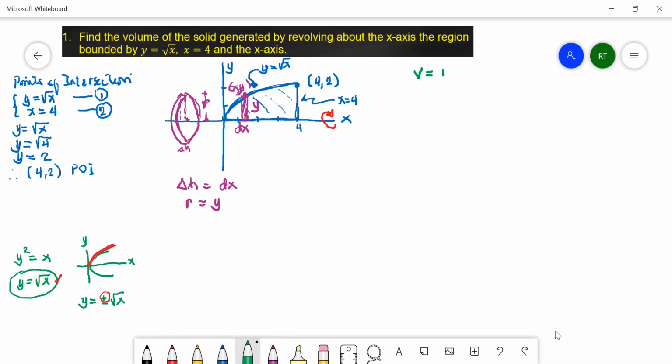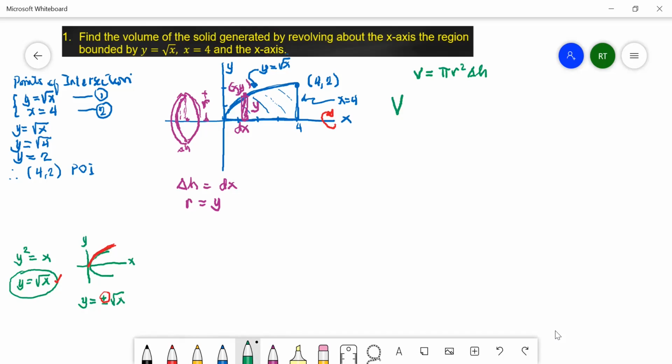And the volume of the disk is equal to pi r squared times the thickness, delta h. So since the radius is equal to y, the thickness is equal to the differential of x. If we evaluate the integral of pi r squared times delta h from the lower limit a to the upper limit b, then that will give us the volume of the solid of revolution.